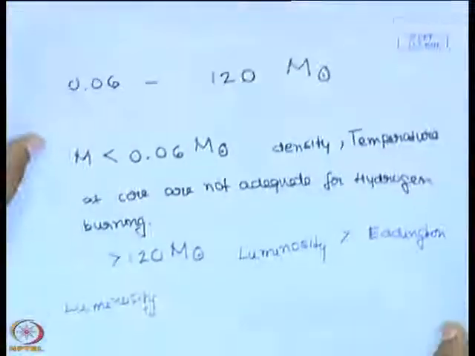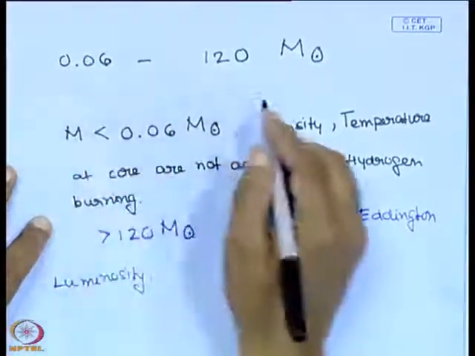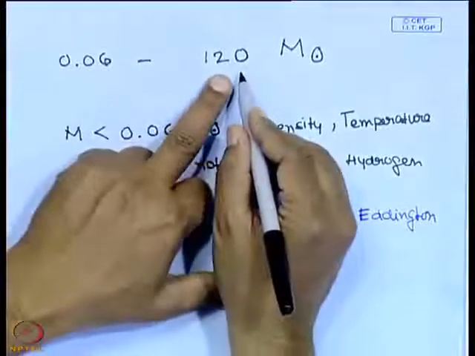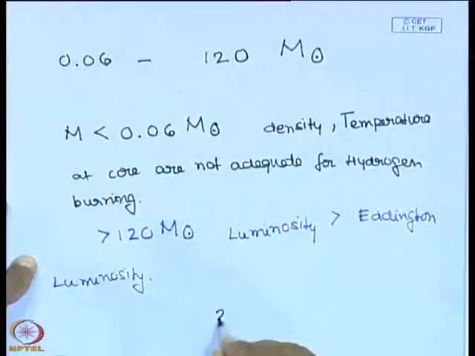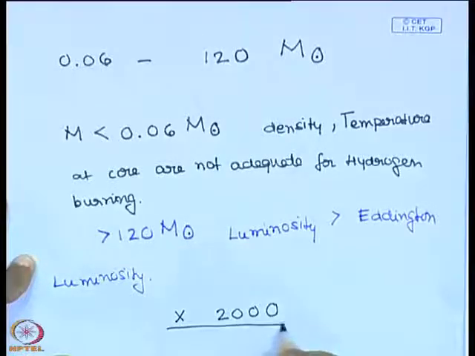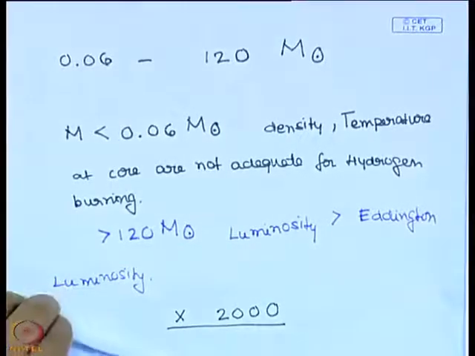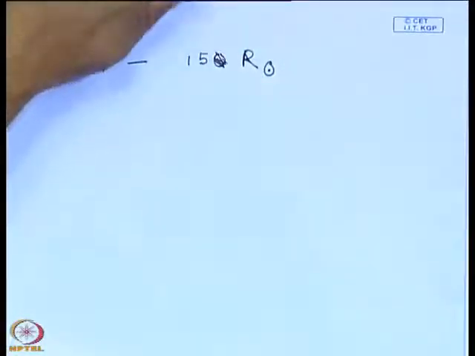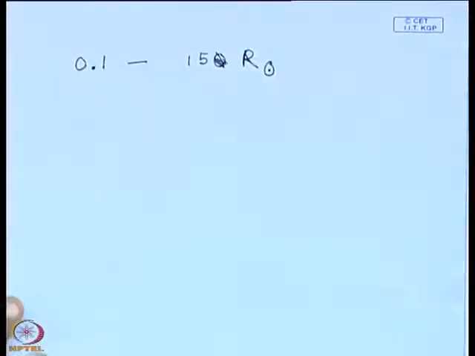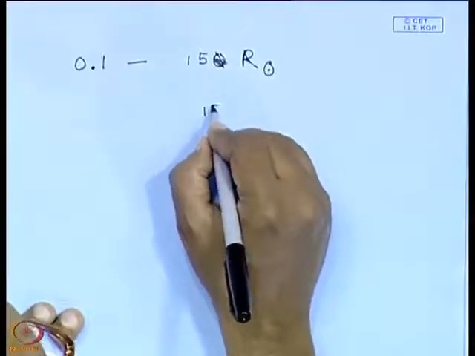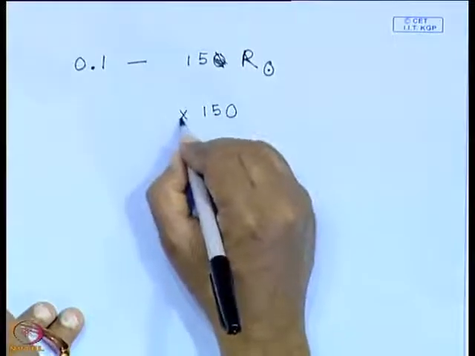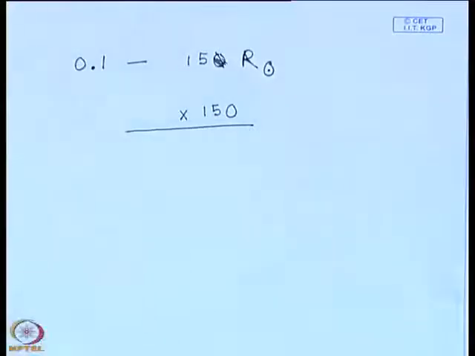So, the point to note here is that the ratio of the largest mass for which you can have a hydrogen burning star to the smallest mass is a factor of 2000. Whereas, for this mass range the radius is not very sensitive to the mass. The radius changes only by a factor of 150. It does not increase proportionately, it is a somewhat weak dependence.